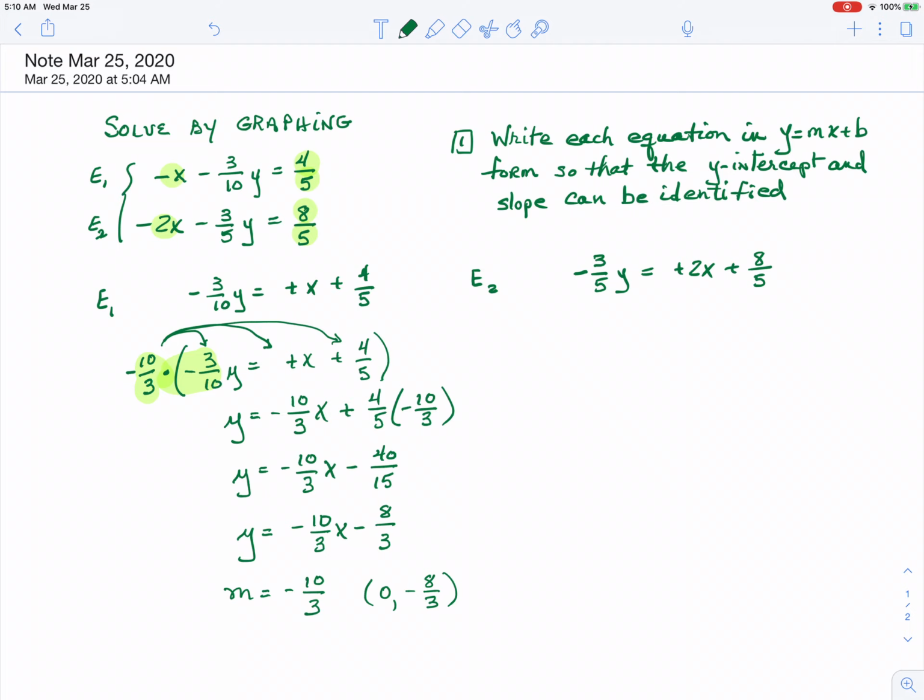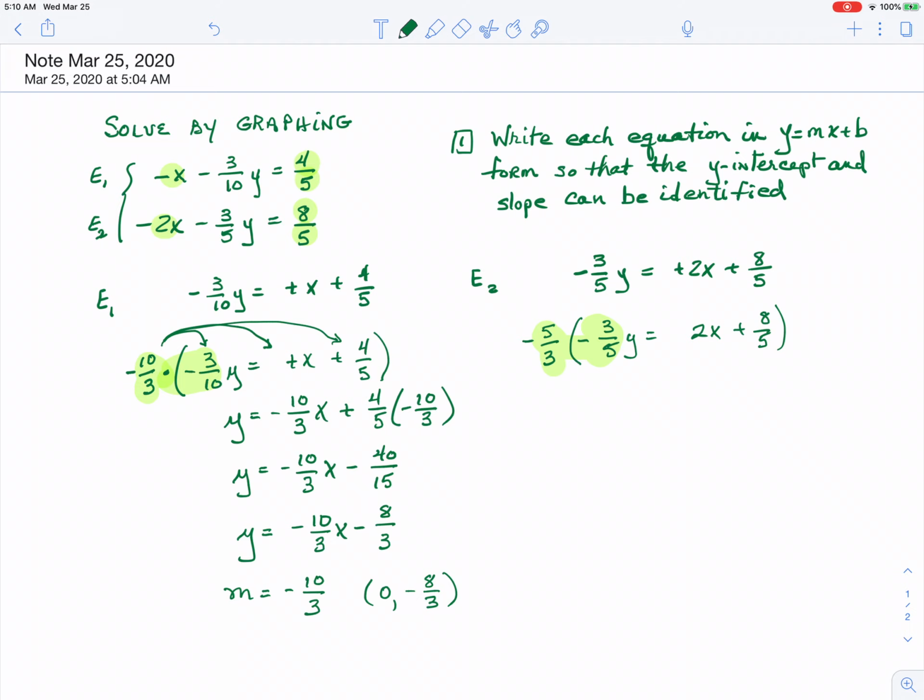So in the second equation, I've already moved the -2x over to the right, and I'm going to take this equation, and in order to create a situation where I have a positive 1y, I'm going to take the entire equation and multiply it by -5/3. Again, the reason I'm doing that is to get those two numbers to multiply to give me a positive 1.